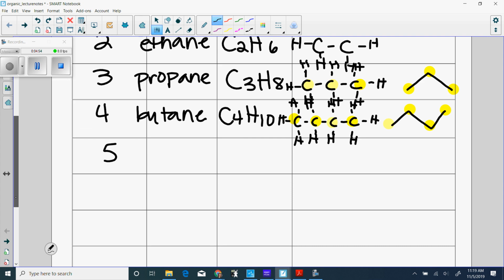5 carbons is called pentane, and that's C5H12.